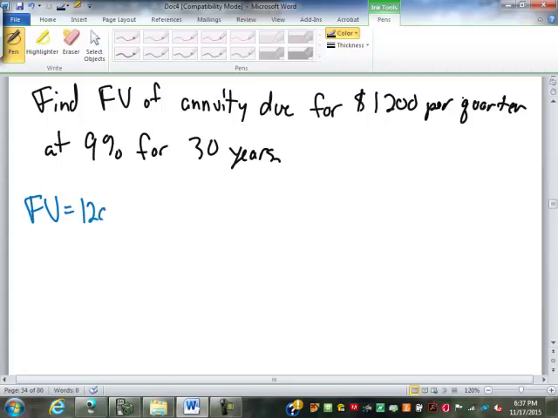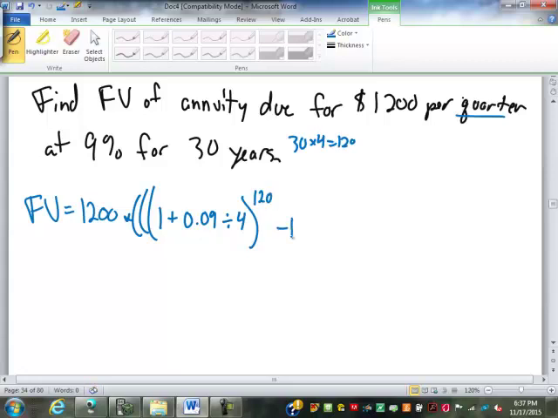It's going to be $1,200 times open bracket, 1 plus 9%, which is 0.09 divided by, it's quarterly, so divided by 4, to the power of 30 years times 4 periods a year, which is 120 periods, minus 1, close our parentheses, divided by 0.09 divided by 4, close and close, times 1 plus 0.09 divided by 4.